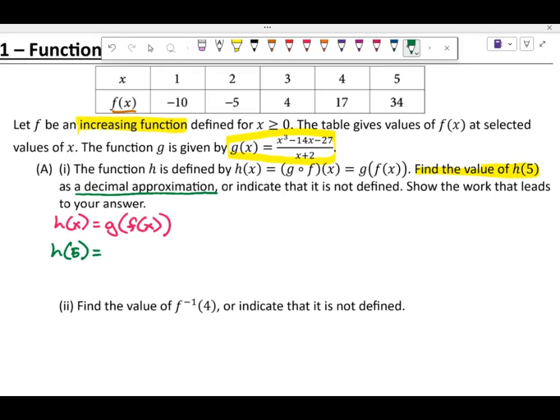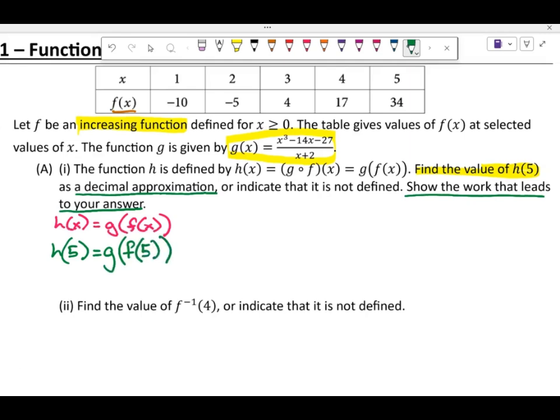Maybe that's the case. Show the work. This is actually a new instruction here this year. Show the work that leads to your answer. Again, as I've said, show your work. Don't just give an answer. So what would be work that I could show for h of 5? What would I do? h of 5 equals what? g of f of, not x this time, 5.